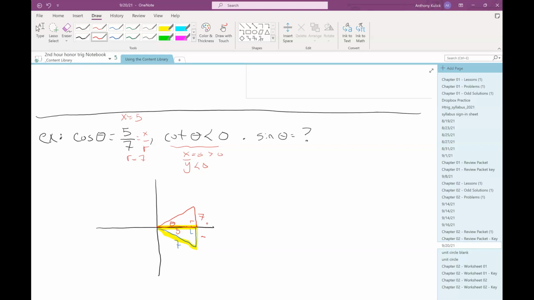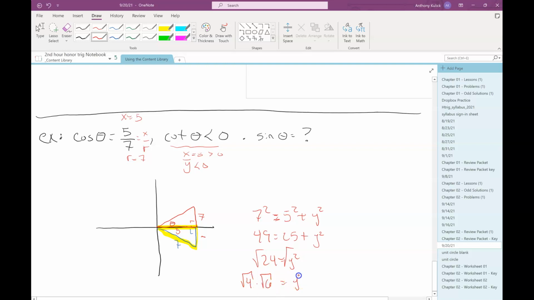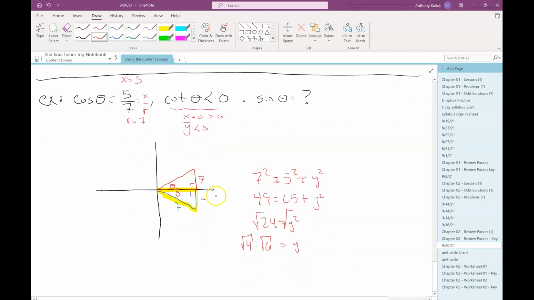And then I'm going to find that side of my triangle using the Pythagorean Theorem. So 24 is equal to y squared. Square root both sides. Remember, the square root of 24, I can break that because it's multiplication into the square root of 4 times the square root of 6.